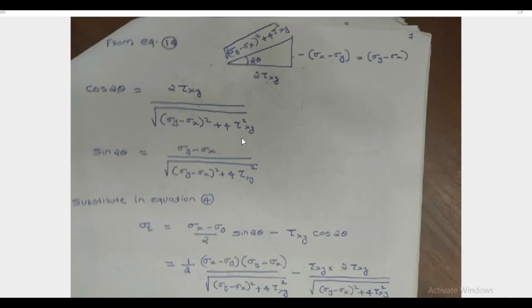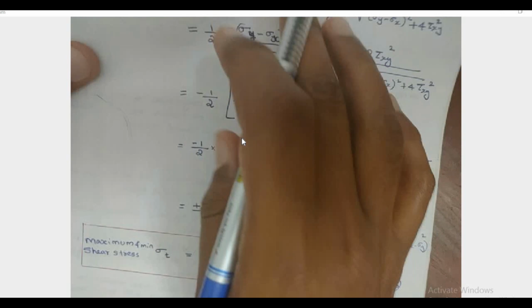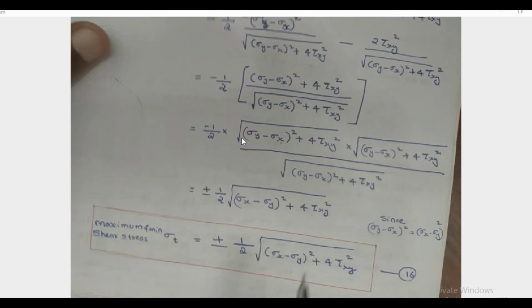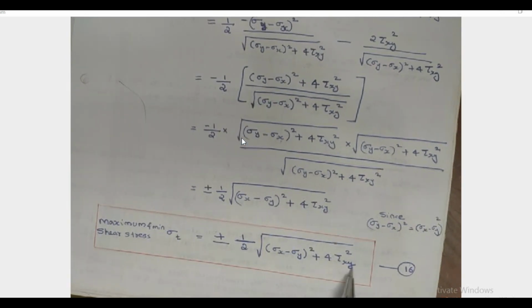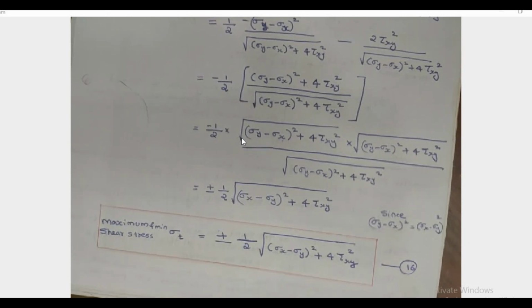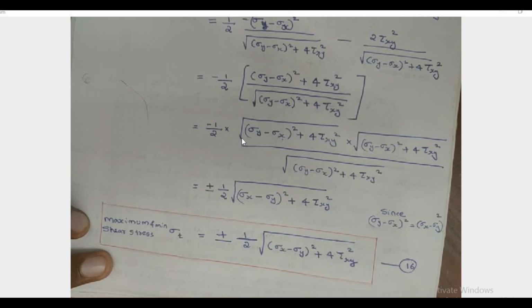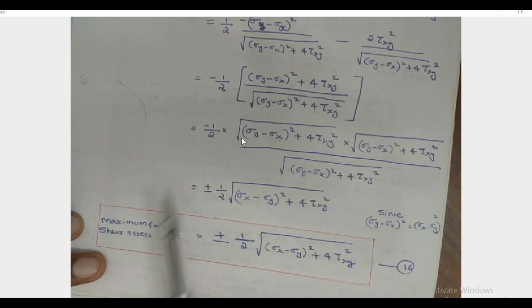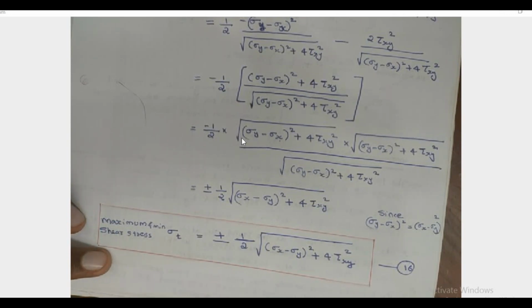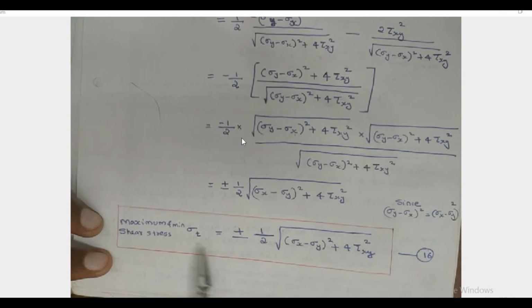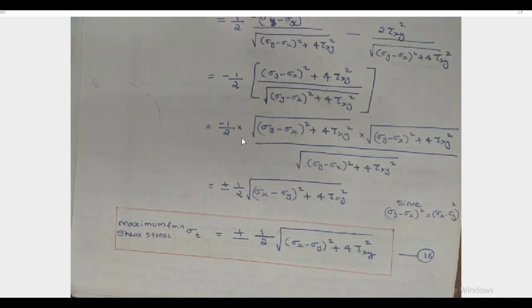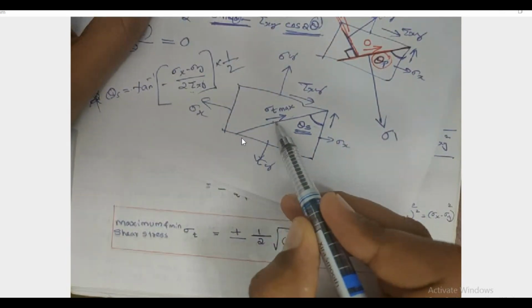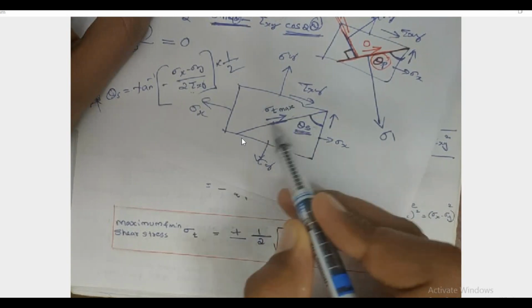After replacing and simplification, we got this value of sigma t, which gives the maximum and minimum shear stress, because we have a plus or minus sign here. So this is the maximum shear stress value, the shear stress acting on this plane.